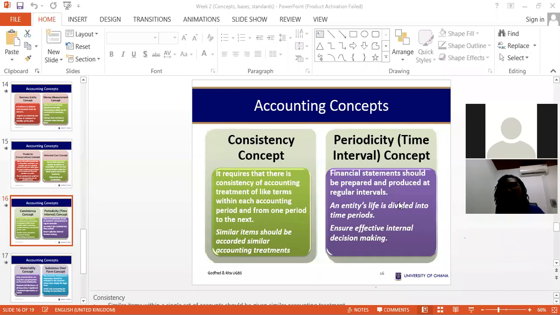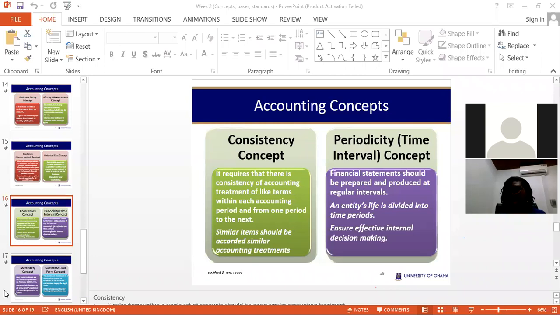Somebody could do July to June. That is at your discretion. But all we are saying with the periodicity concept is that because the business will continue forever, and to help us make decisions, we need to break the period for financial statement preparation. And so we have periods.